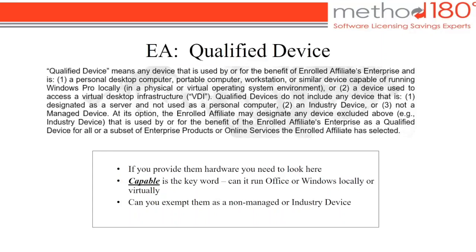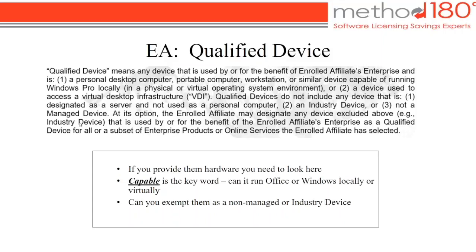Now, they do go along and say you can exempt them in one of two areas. And so in here it says that, I guess there's three areas. If it's designated as a server and not used as a personal computer, you can exempt it. So servers don't count, which is good. But the second thing it says is an industry device or not a managed device. So, that's what we need to look at next.